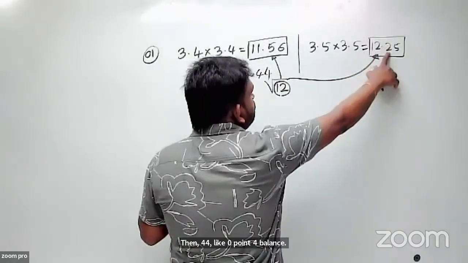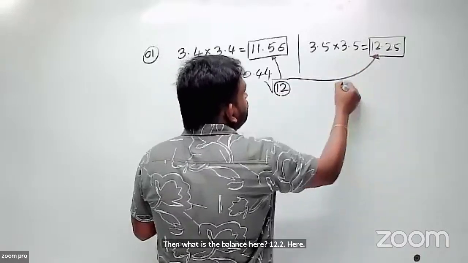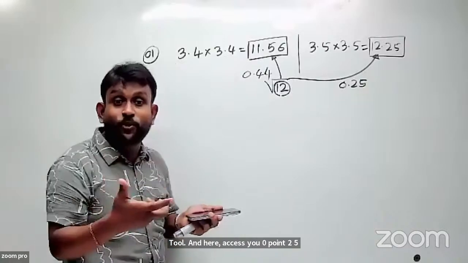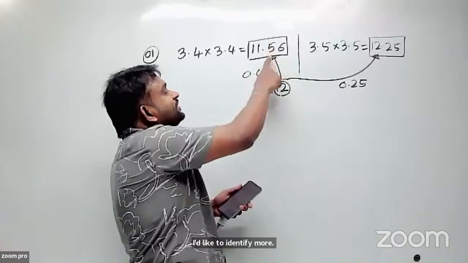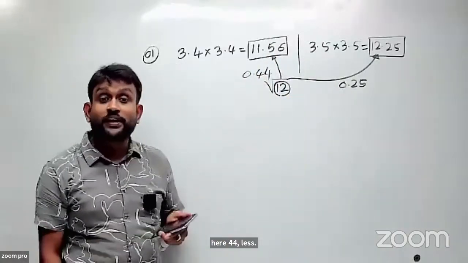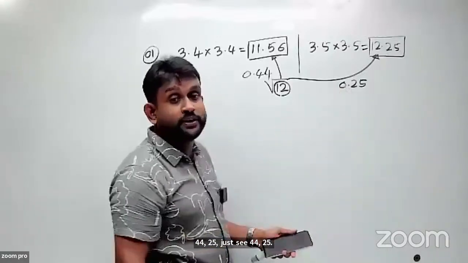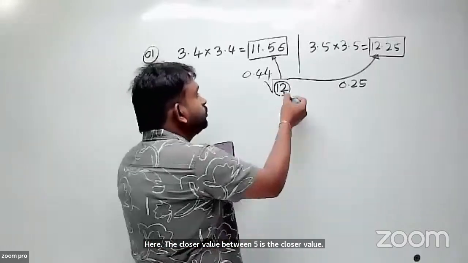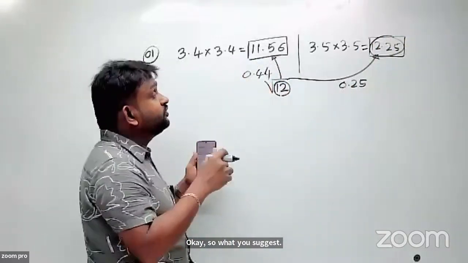For 12.25, it is 12 with an excess of 0.25. So here it is 0.44 less, and there it is 0.25 more. The closer value is the 0.25 one. So 12.25 is the approximate value for 12.